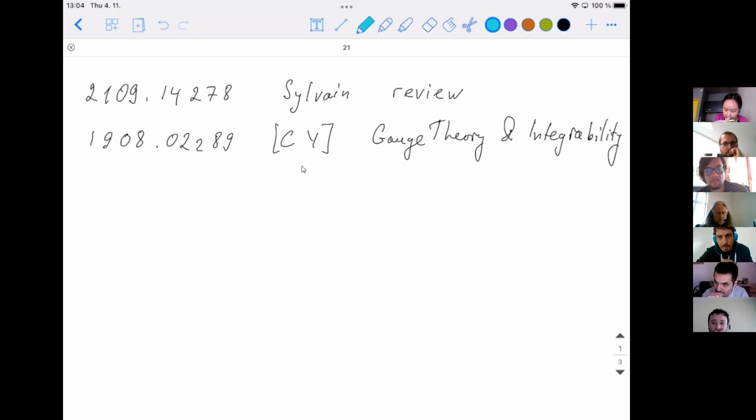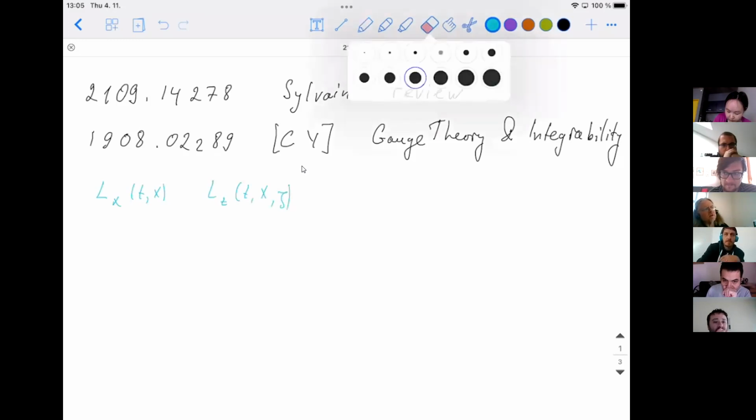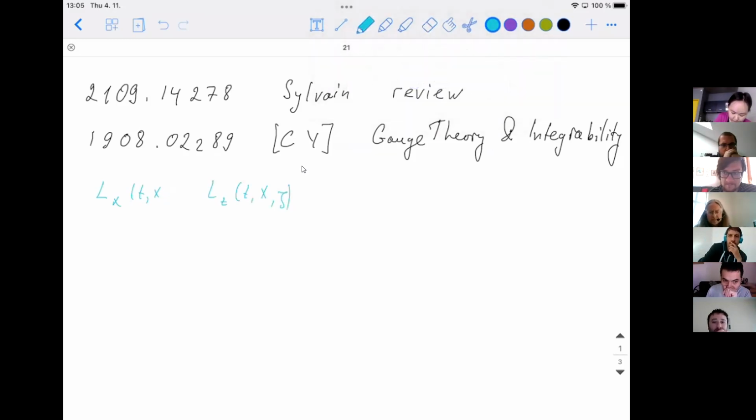Just a simple reminder: when you study two-dimensional integrable field theories, to check if the theory is integrable, you need to construct these Lax pairs, the Lax matrices or connections.